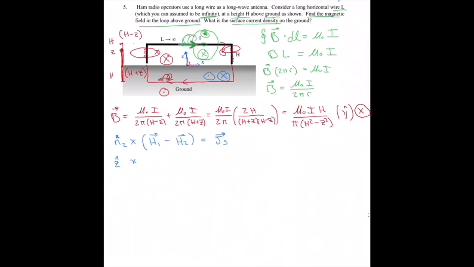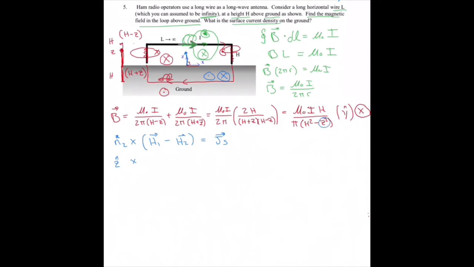So now they're asking, what is the surface charge density on the ground plane? So what does that mean? That means literally on, or close to, the ground plane, on top of it. So since our z, as we go up, is away from our ground plane, we're literally asking, what is the magnetic field when z equals 0?